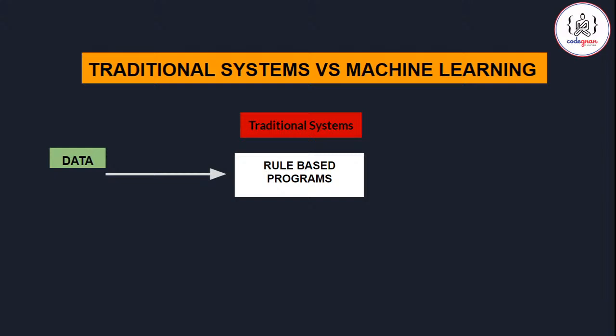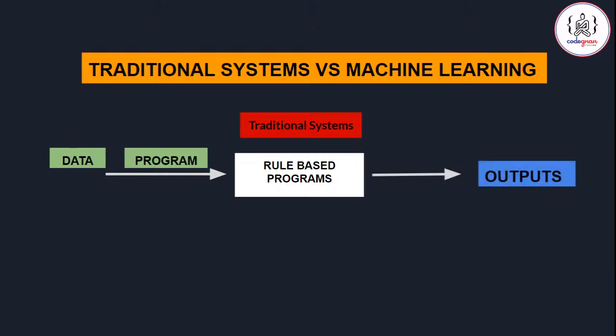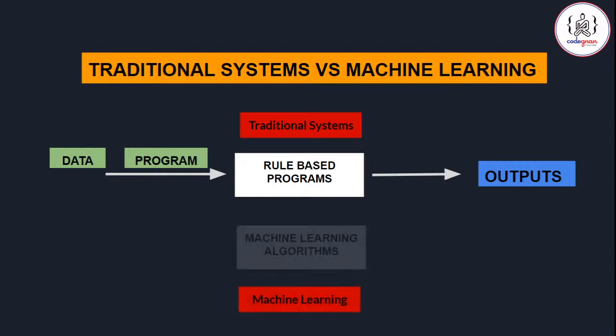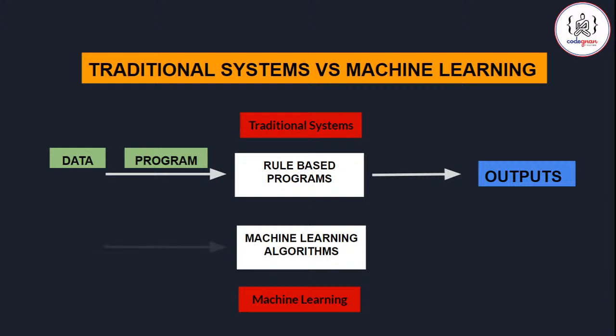We have data, and based on this data, what we used to do is write programs and hard code them. Then these rule-based programs are fed with your data and program, and you get the outputs. But in machine learning, you have machine learning algorithms, and here we just supply the data to these algorithms.